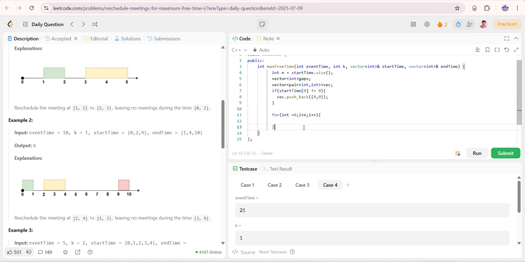And in the ending also you can have one more thing, like if start time, sorry, here it should be ending time, because end time dot size minus 1 not equals to event time.